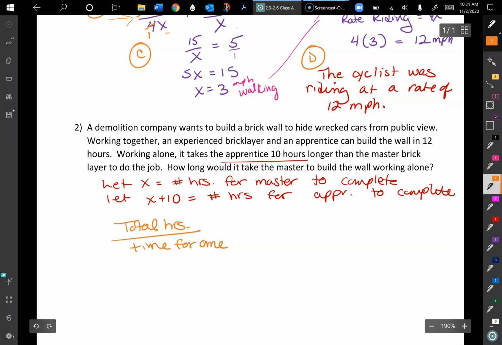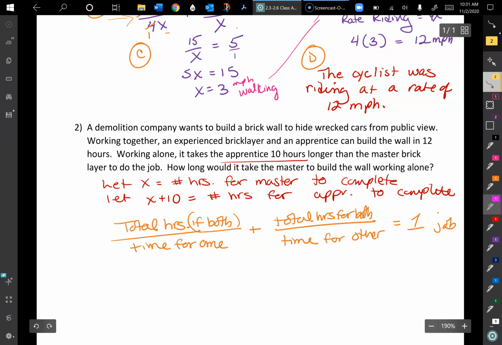Okay, total hours if both were working, and then plus your total hours for both over time for the other one equals one whole job.